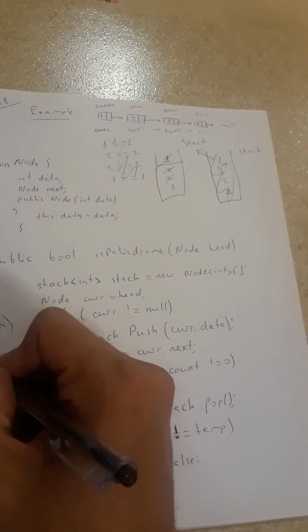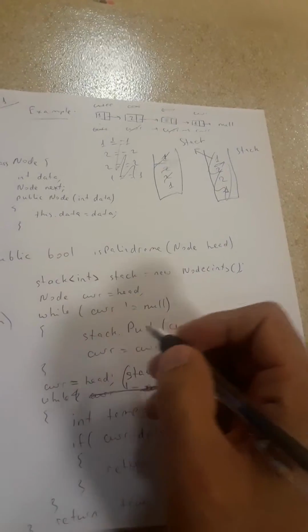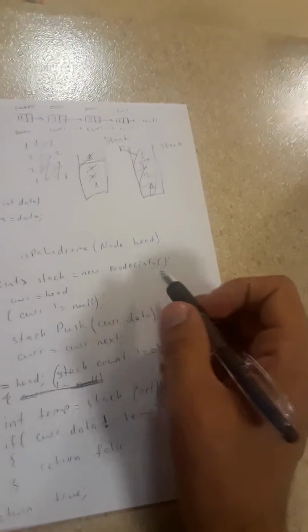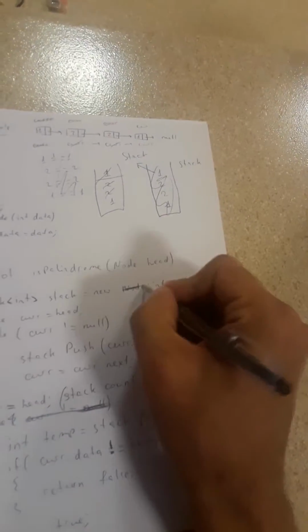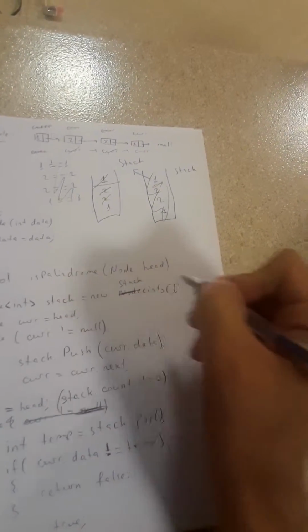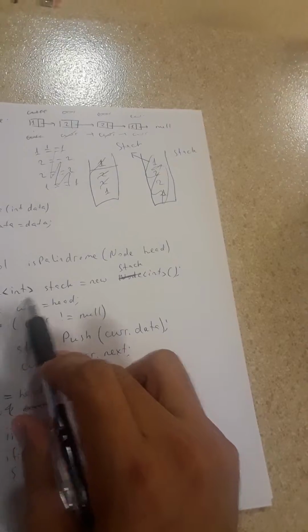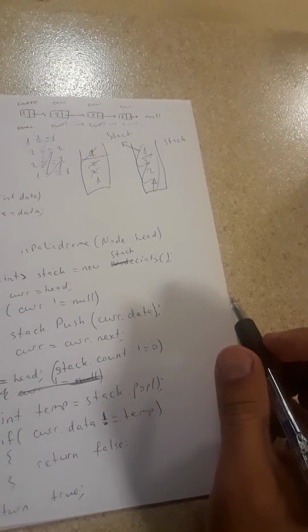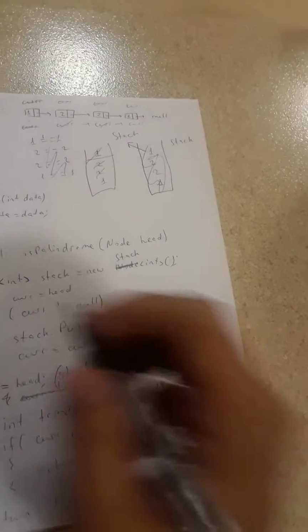And space complexity, so here it's not the node but the stack. We're initializing a stack where we'll put all the elements from our linked list. So the space will also be O of n.